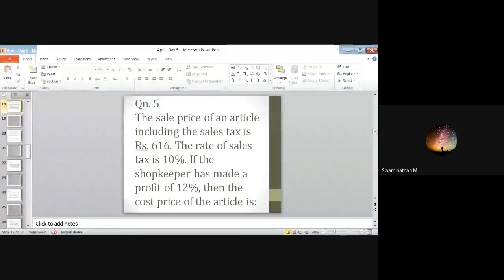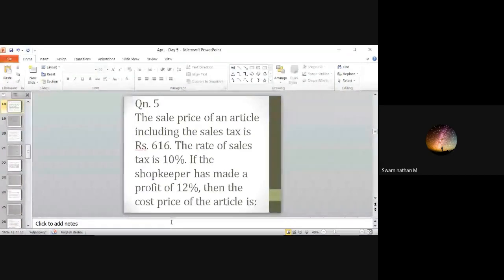The sale price of an article, including the sales tax, is rupees 616. The rate of sales tax is 10%.